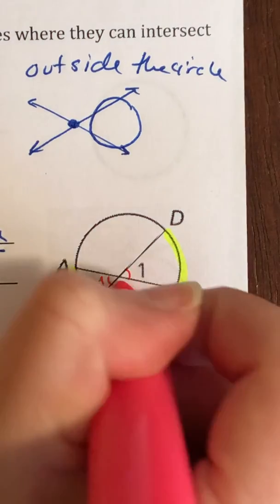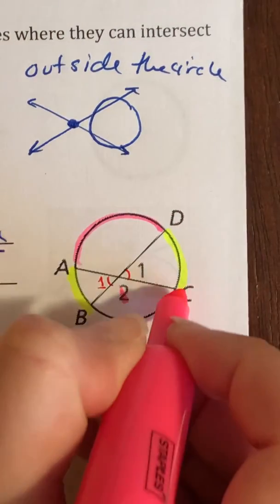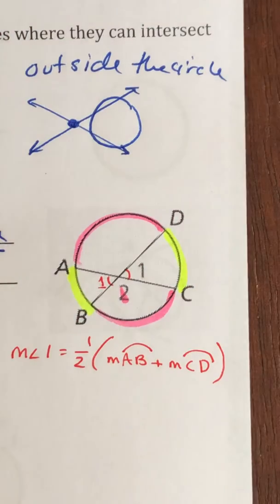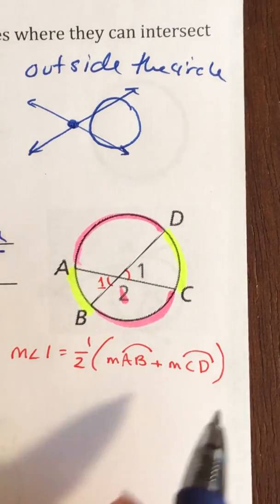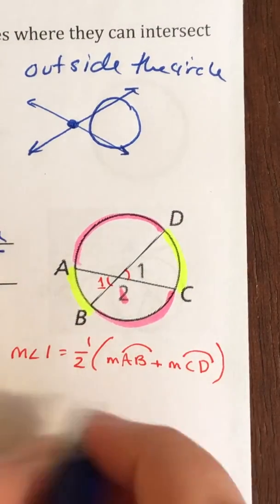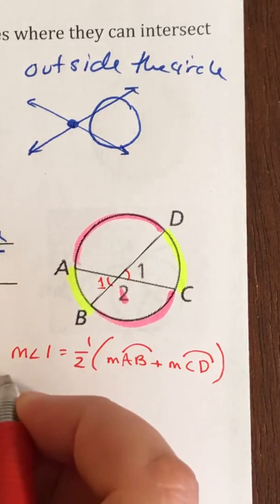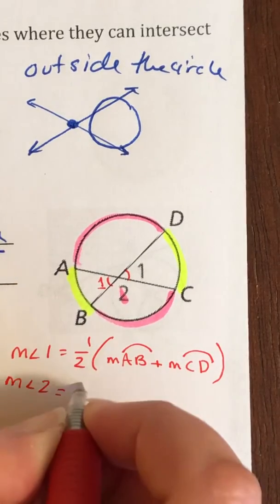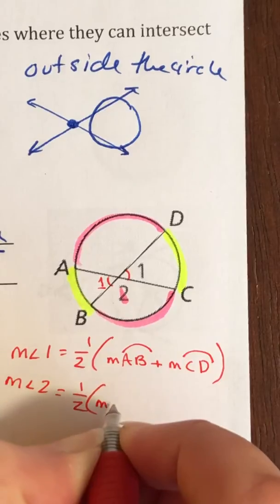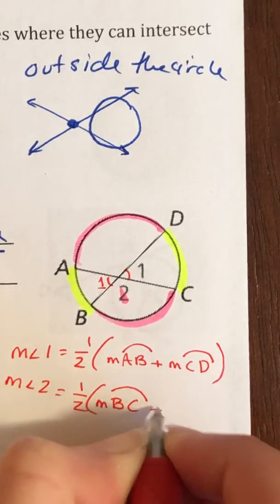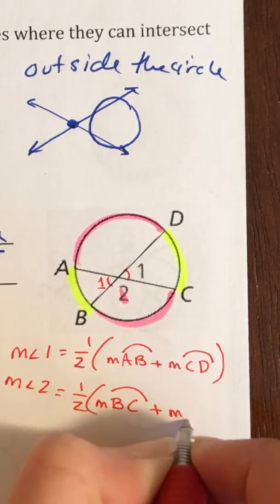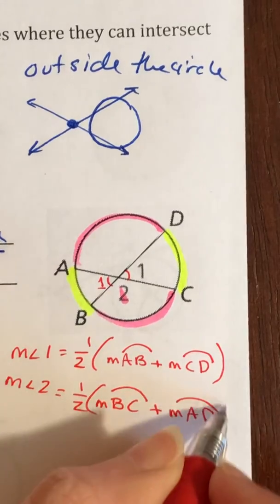And likewise, angle 2, I get by, now, if I'm adding two things together and taking half, that's the same as finding the average. So the measure of angle 2 is going to be 1/2 of BC plus AD.